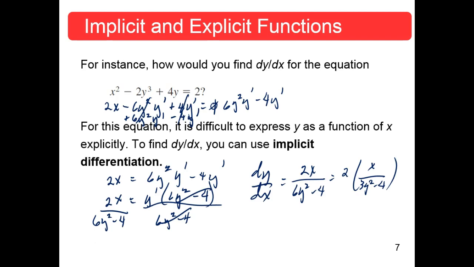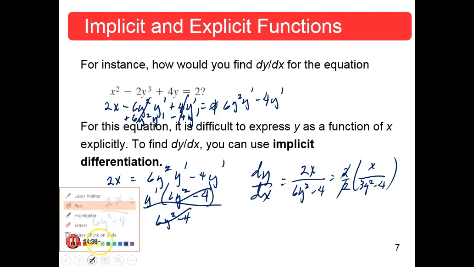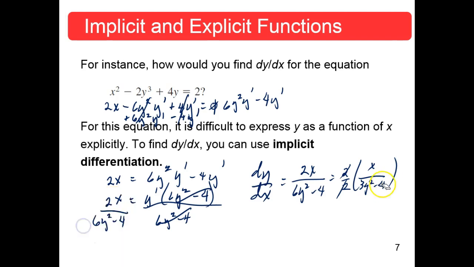Wait a minute. It's 2 over 2, right? So, yeah, that's a much simpler answer. Okay, sorry about that. Oh, picky, picky, picky. What's 4 among friends, huh? Good observation.